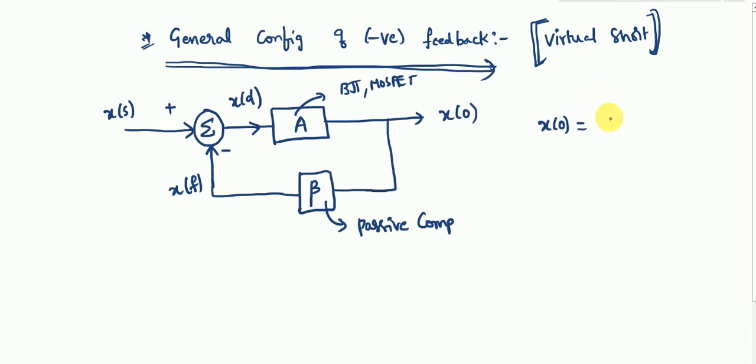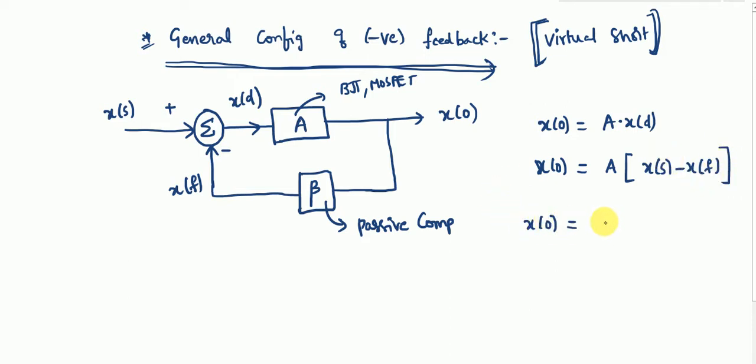X of 0 is equal to the gain times the differential input given to the basic amplifier block, that is X of D. Now this X of 0 can be written as A times X of D, which is nothing but X of S minus X of F. Now the same X of 0 can be written as A into X of S minus X of F, where X of F is nothing but beta times X of 0.